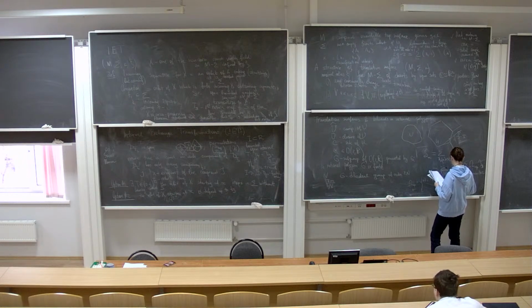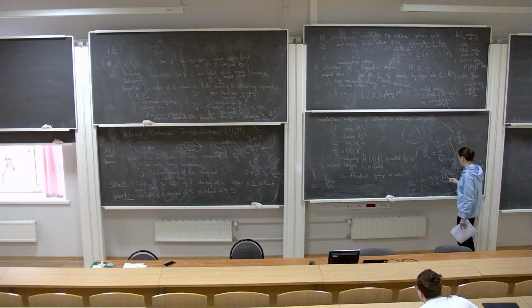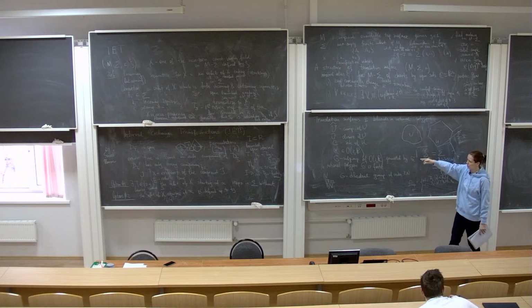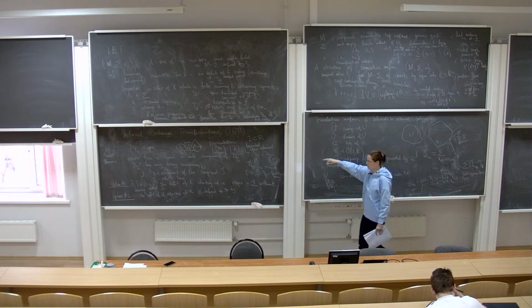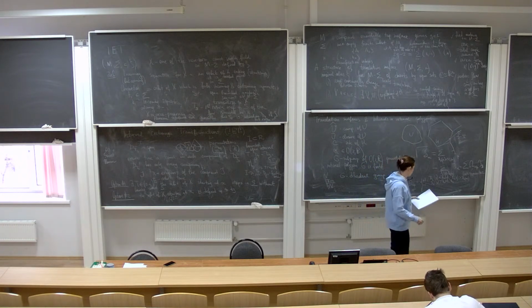Maybe I should make an example to make it more explicit. I will in a second. P is a permutation. P bottom and P top are two lines that give us the order of the intervals on the top and on the bottom level.